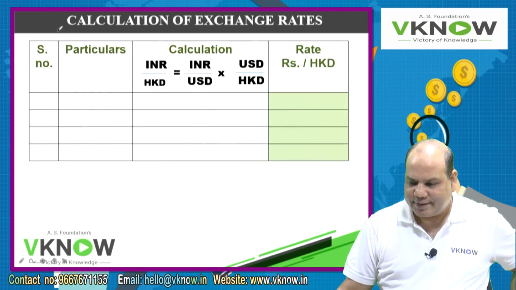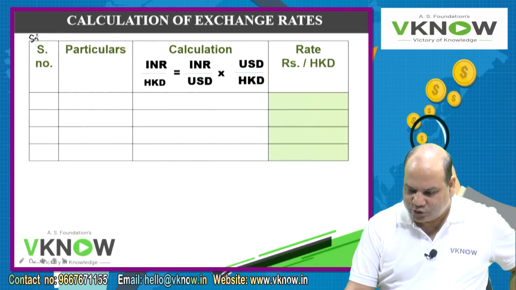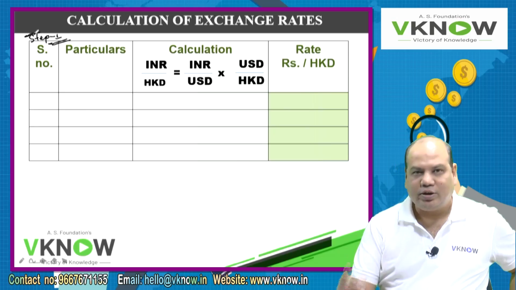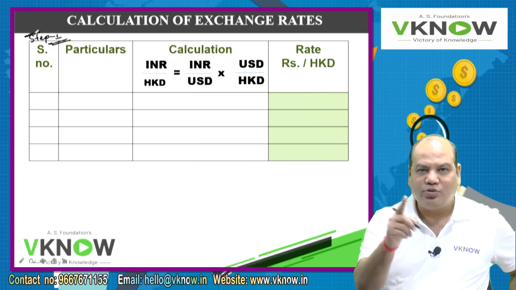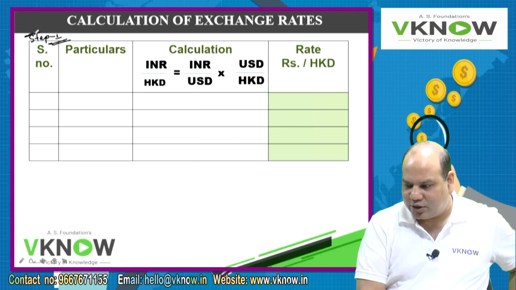Right, step 1. Now this time you don't require so much explanation, it is just one more practice. Practice makes man, woman and a student perfect. Serial number, particulars, calculation, rate.